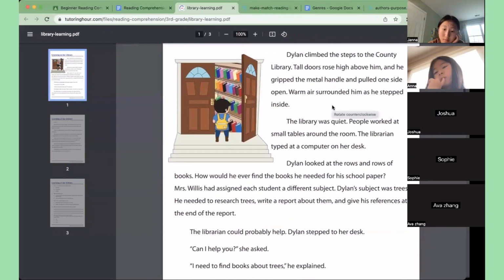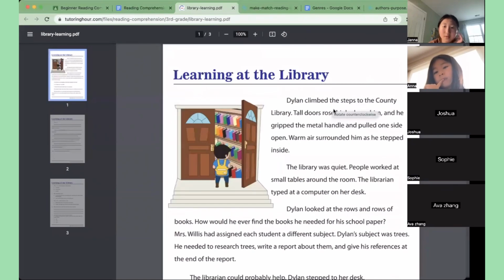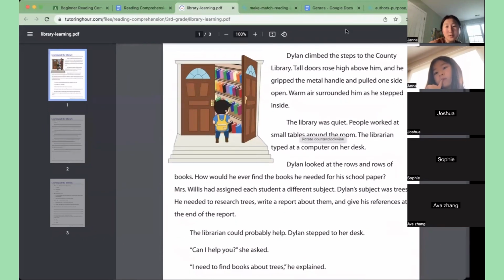So this is like 2 pages. I'll just let me know when you guys want me to scroll, but just read the story and then we'll answer questions based on the story. And I'll give you guys like 10 minutes to do this.